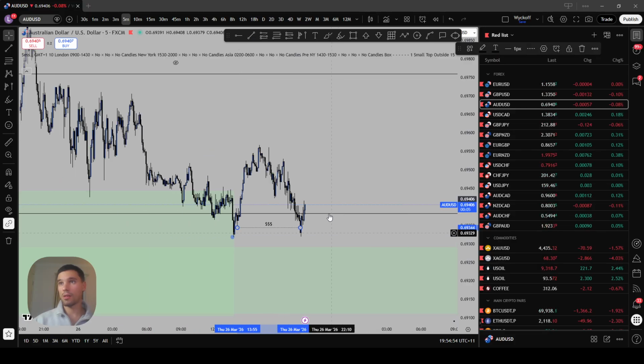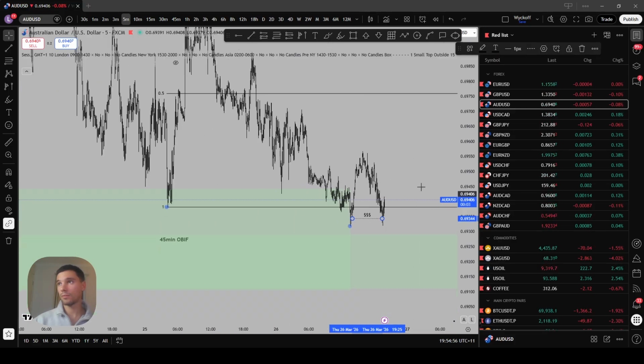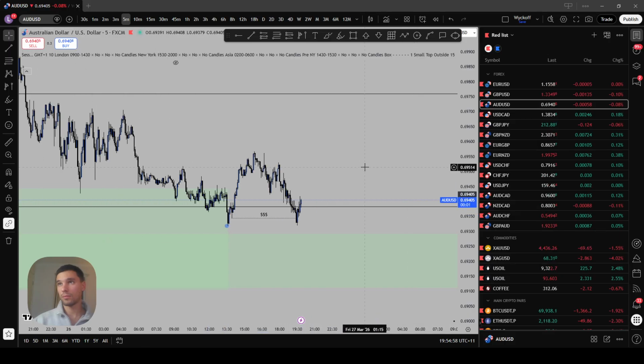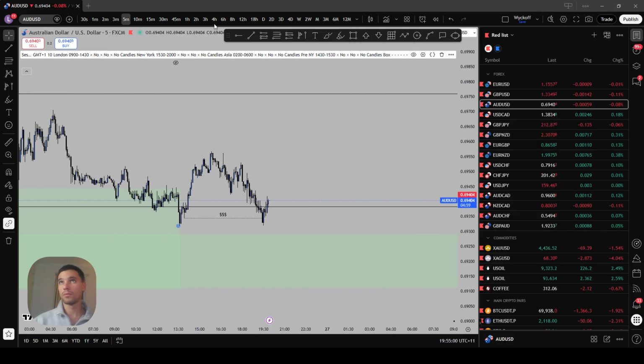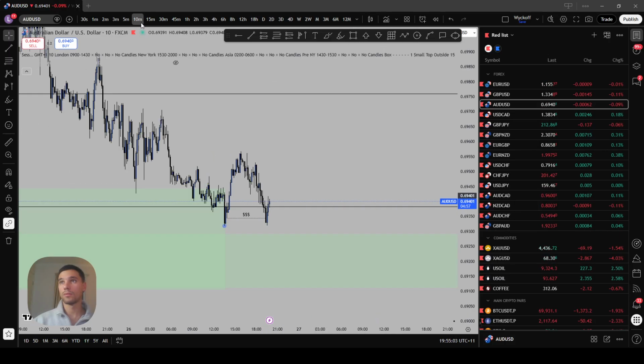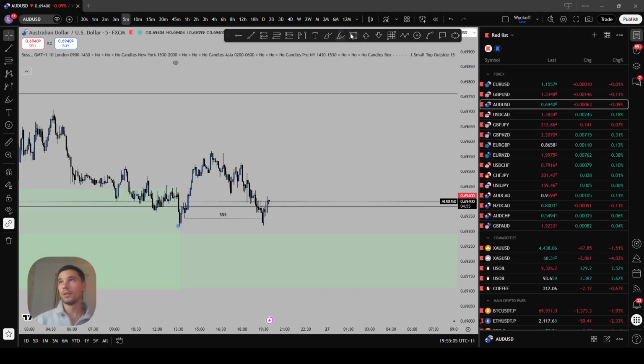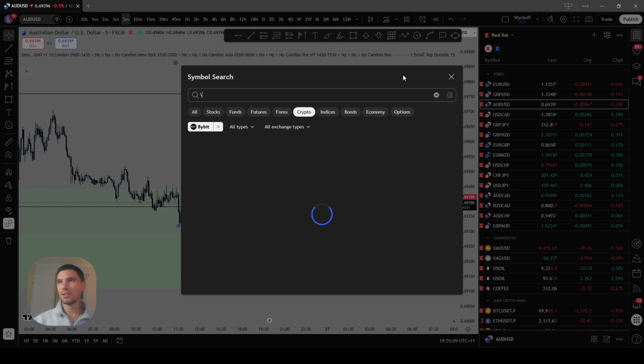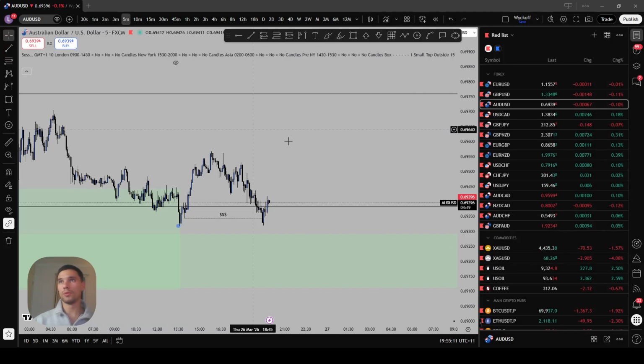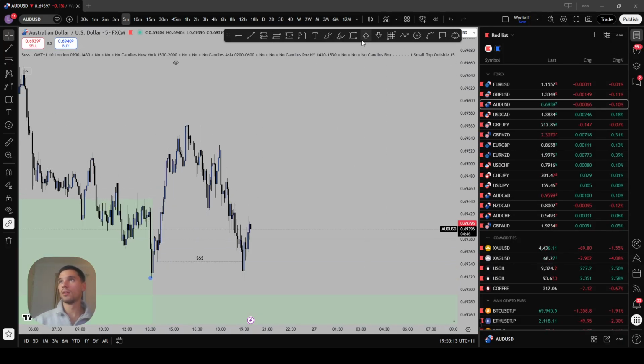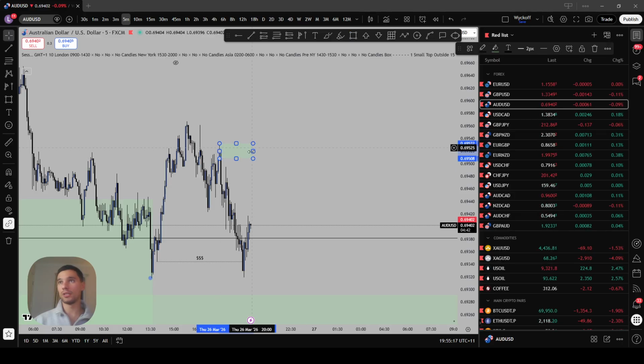Structure broken. There is 5 minutes supply above, but way too small for me to care. I'll still monitor the reaction from it as always.